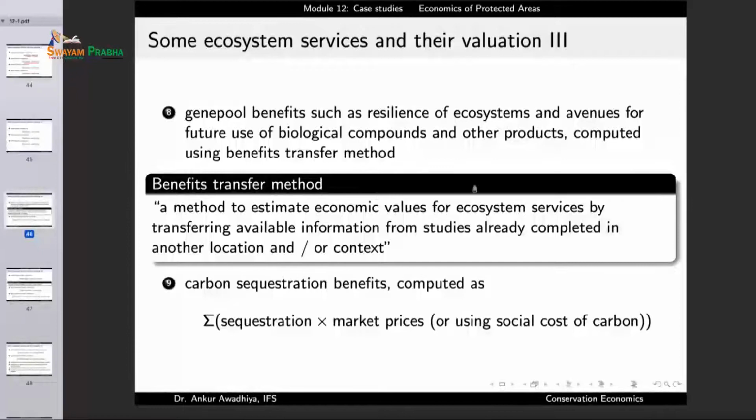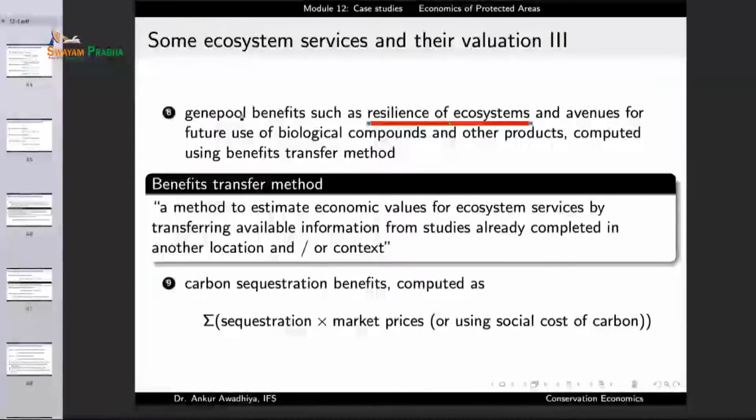Now, what we are saying here is that if you conserve an area as a protected area, you are making the ecosystems more resilient, which means that if there is, say, release of pollutants into this area, your ecosystem will not collapse that easily compared to an ecosystem that was not given this protection. Because as we had seen in the case of large infrequent disturbances, if a biological community is already half disturbed and you give it a single disturbance, it will collapse.